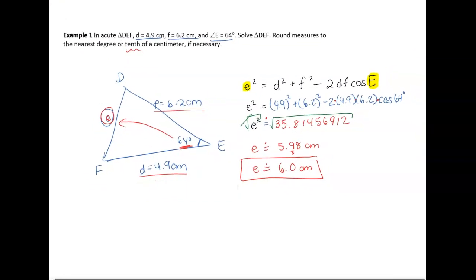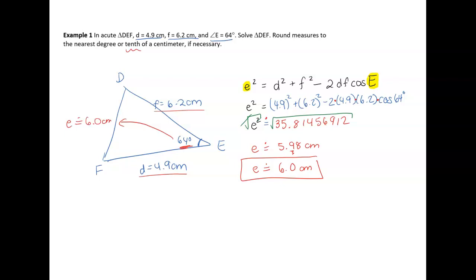So the question actually asked me to solve for the whole triangle, which means I need to solve for all the angles and the side lengths. So I've found out all 3 side lengths. Now I can go and solve for the rest of the angles. How do you solve for the angles when you only have one angle? Well, now that I know what E is, I have E is equal to approximately 6.0 centimeters.